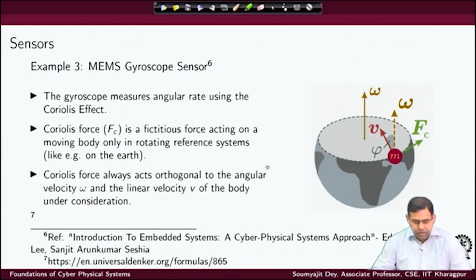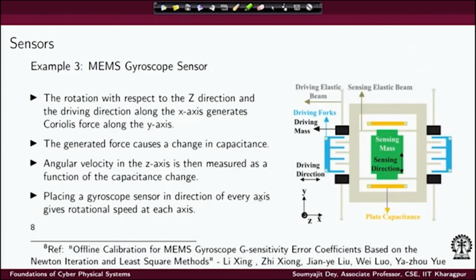It is going to act orthogonal to the angular velocity and the linear velocity under consideration, and the effect of that Coriolis force can be felt, and accordingly these values of orientation variables can be measured. We are not going into the details of this. You can look into these different sources that we are citing, from which we have taken all these examples.